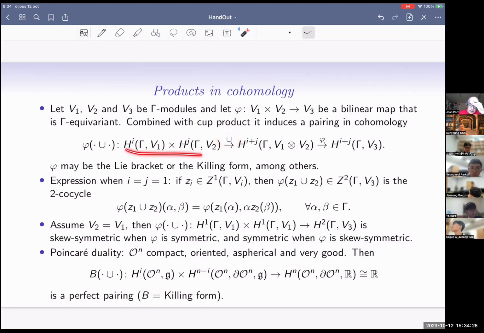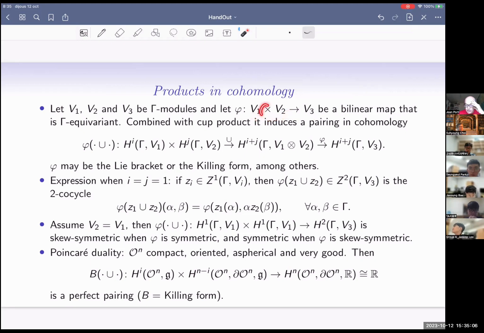And there is a standard cup product that goes from coefficients in V1 and coefficients in V2 to a cup product with coefficients in V1 tensor V2. You go from dimension i and dimension j to dimension i plus j. And this cup product has some structure. I don't need the precise structures. If you think of a manifold, it's just the wedge product of forms, the standard cup product.